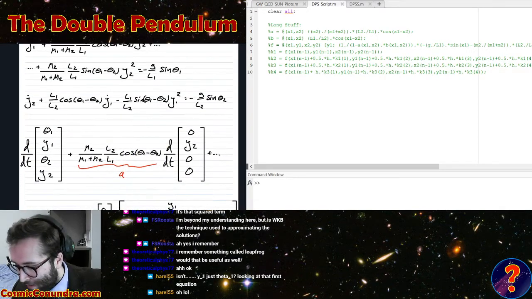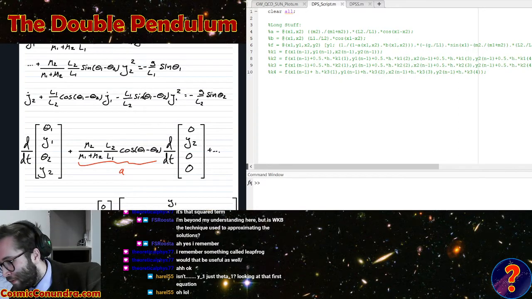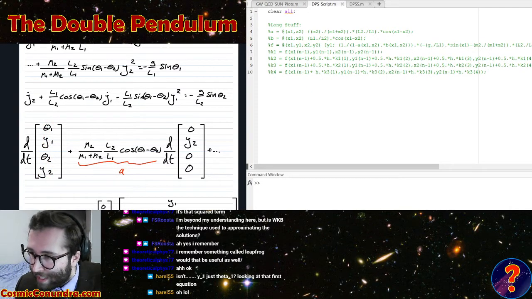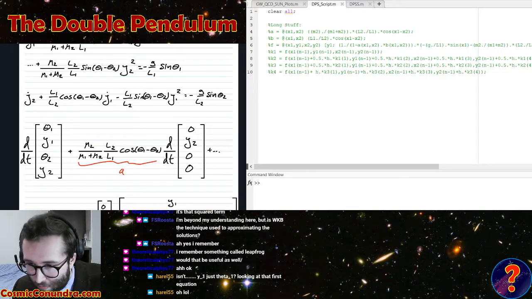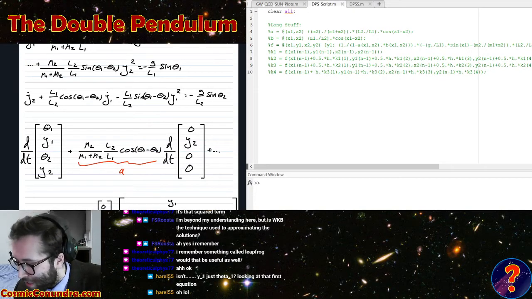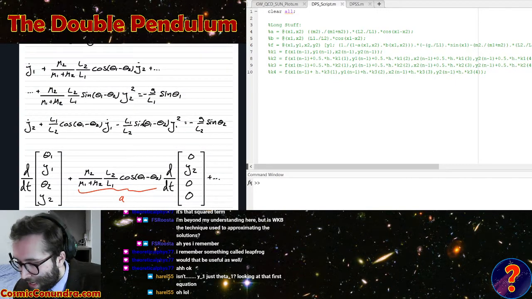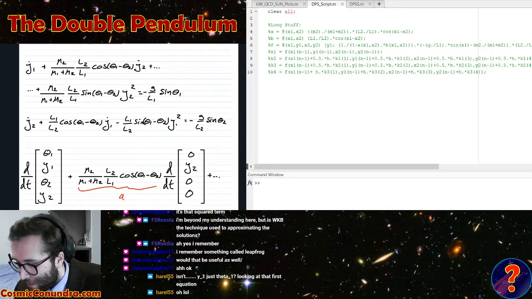So to achieve that, I use matrix notation. I arrange my 4 variables, my 4 degrees of freedom, into a column vector, and then I can take the derivative of the entire column vector. By that I just mean the time derivative of this, and the time derivative of this, and of this, etc. So now I'm trying to write my equations in a vectorial matrix form.